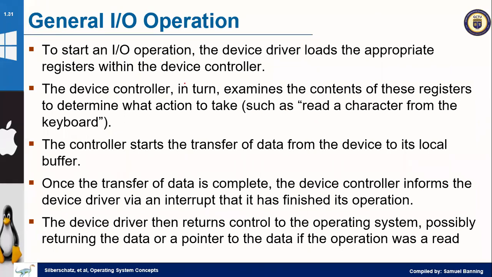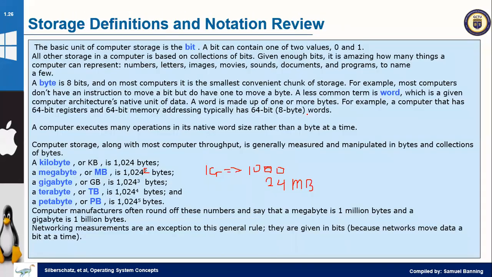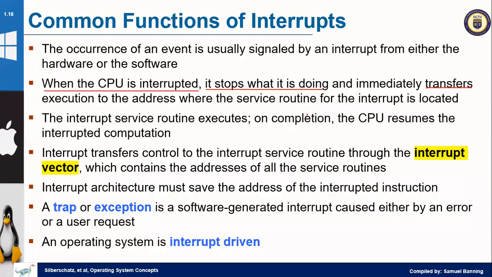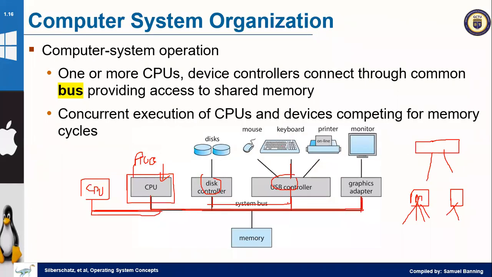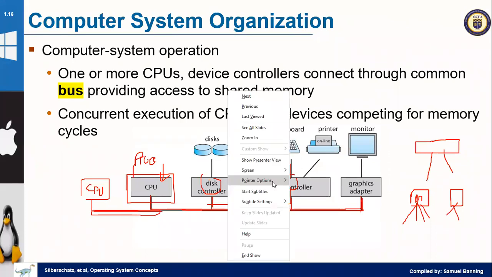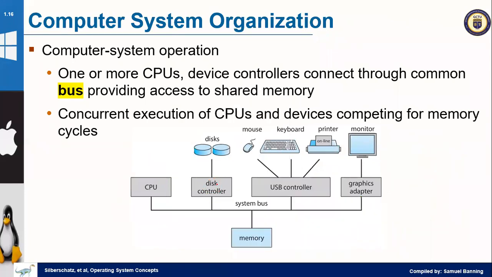So now we have talked about these device controllers. If you remember the diagram that I went through, we have the CPU and then the other device controllers like the disk controllers. Let me go back to that diagram. This one here. Let me clear this screen. We have the disk controller, the USB controller, the graphics adapter controller.